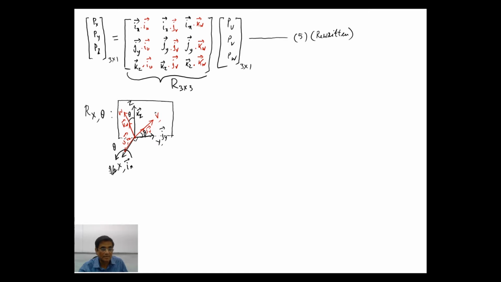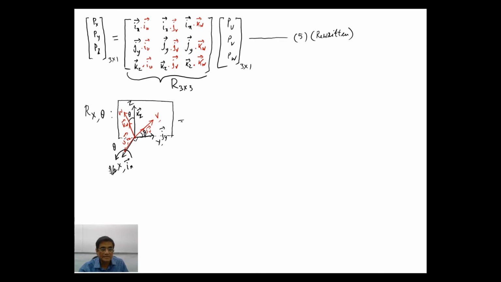If you understand this, then everything is very simple. So all the axes Y, V, Z, W are on this plane, and X and U are perpendicular to this plane. That means angle between X and V is 90 degree, although it does not look so in this figure, but it is a 3D geometry. Angle between X and Y is 90 degree, angle between X and Z obviously 90 degree, angle between X and W also 90 degree, because these axes are on the YZ plane. I hope it is clear now.